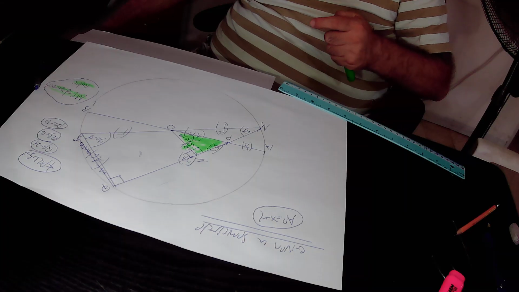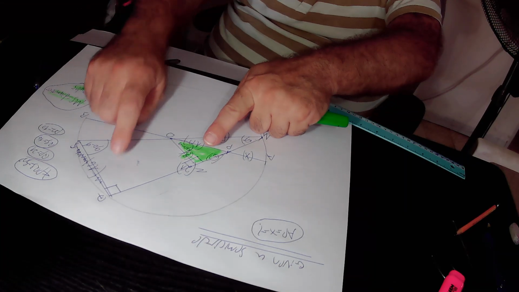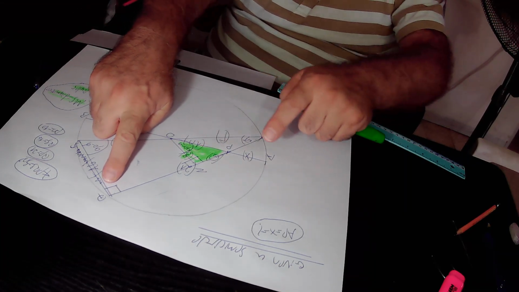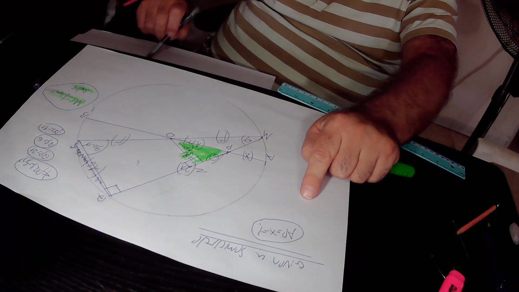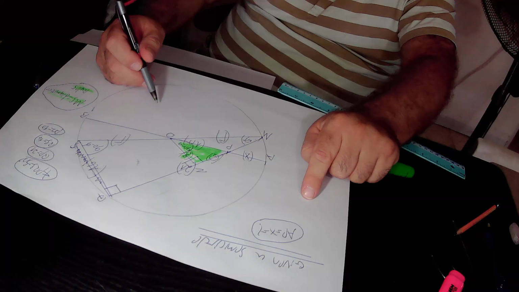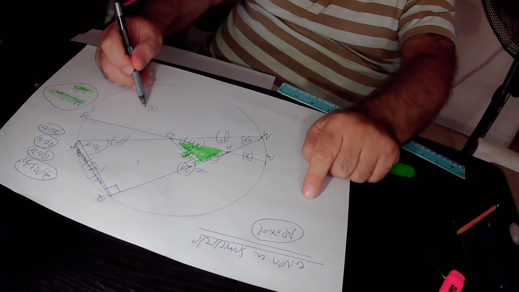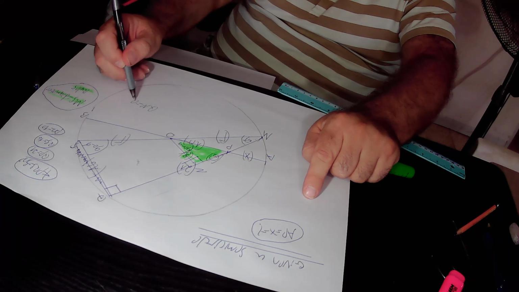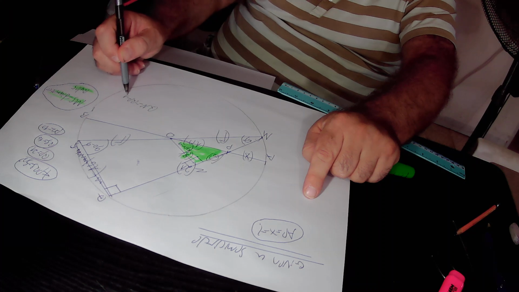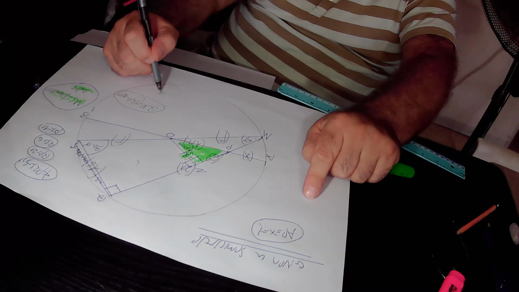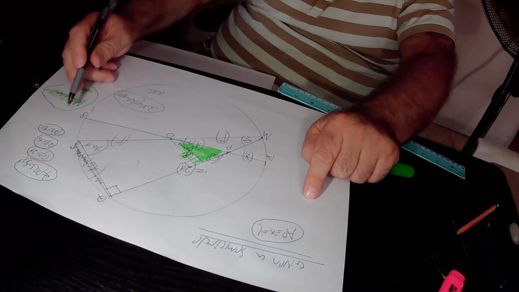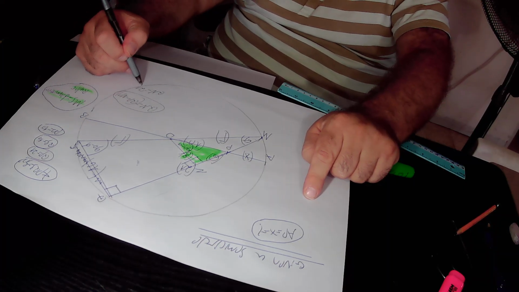What is the length of this missing side QN? QN equals QP minus NP. So I write it down. QN equals QP minus NP. So QN equals QP, that is 21, minus NP.